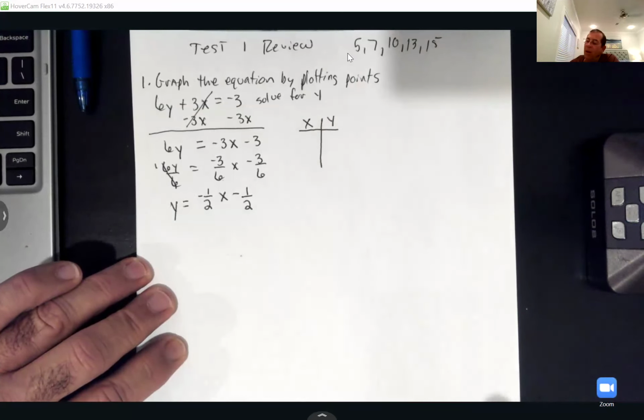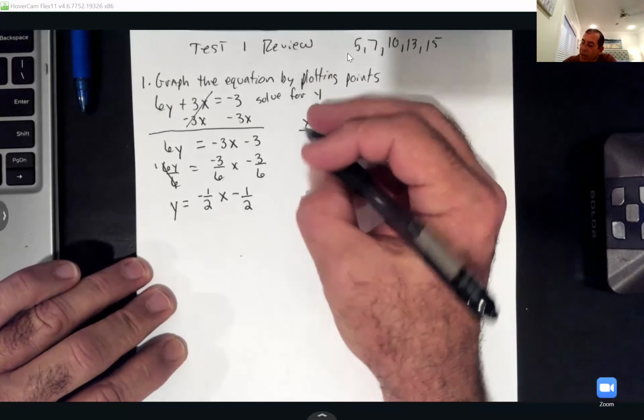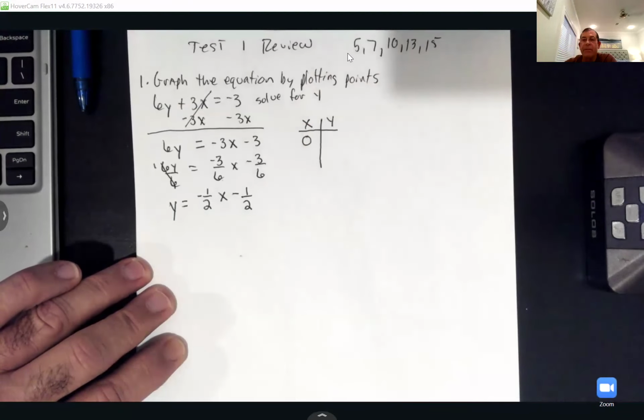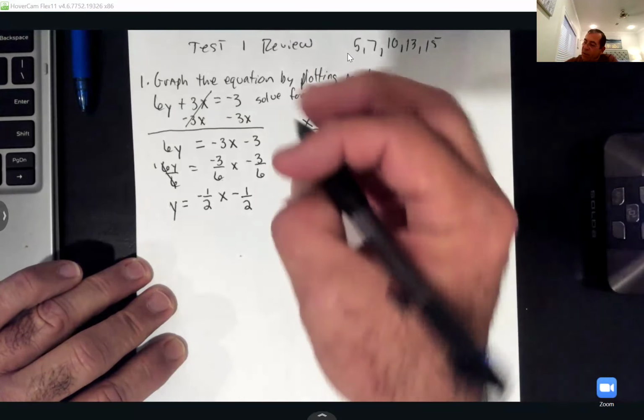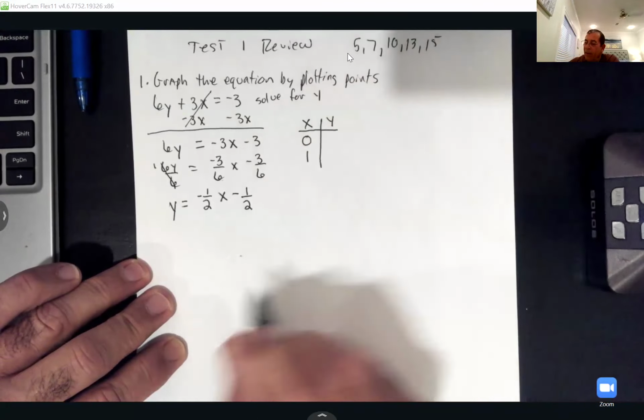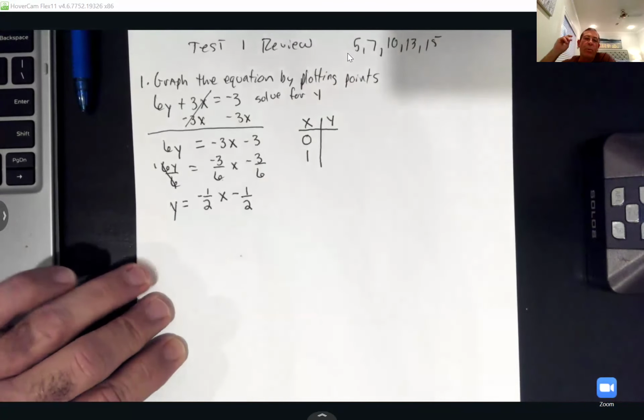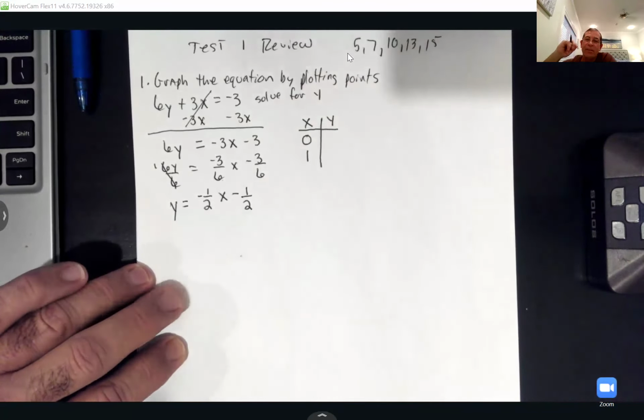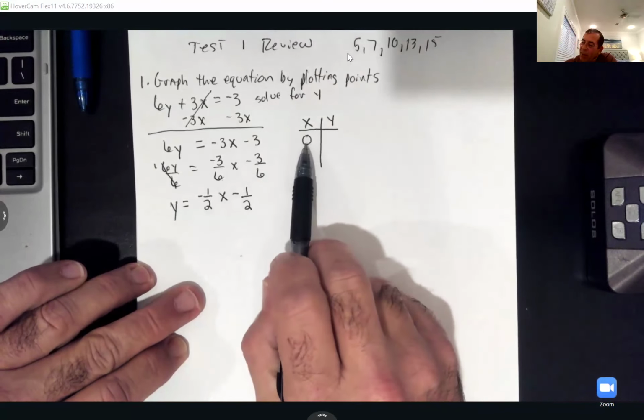And on this one, I'll probably just use 0. And then I'm just going to use a 1. Because you got fractions everywhere, so we're probably not going to be able to get rid of the fractions on this. So let's see what happens.